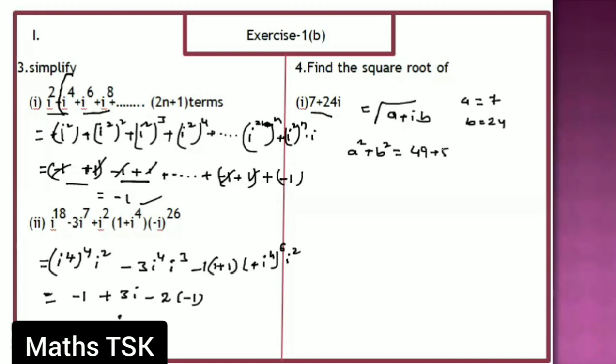49 plus 576, that is 625. So what is the value of root of a square plus b square? That is 25. Now we go for the formula.